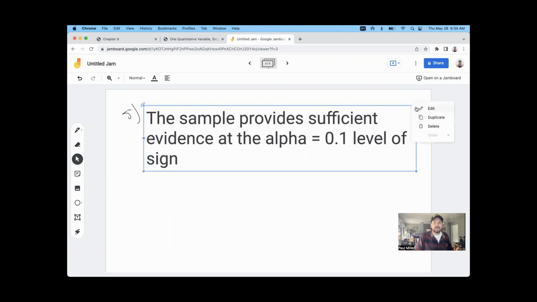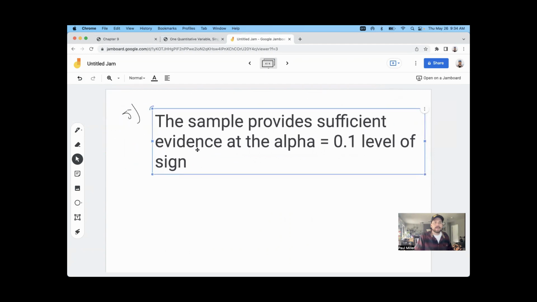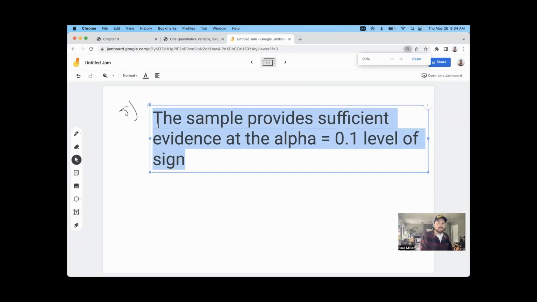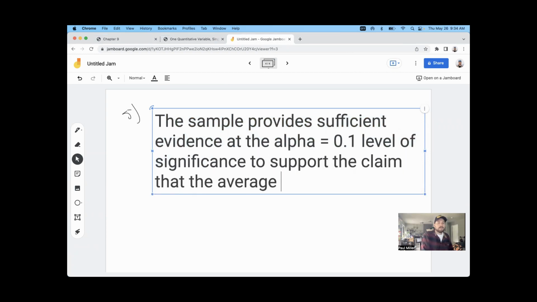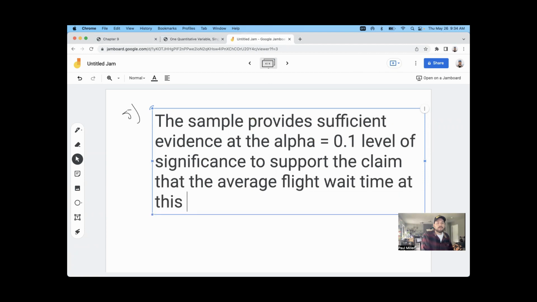I don't know why the size of the text is getting bigger, but let's see if I can, nope. So I've kind of brought it back to the context of the original problem.